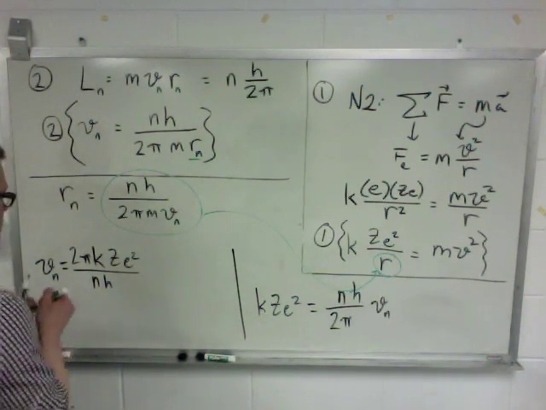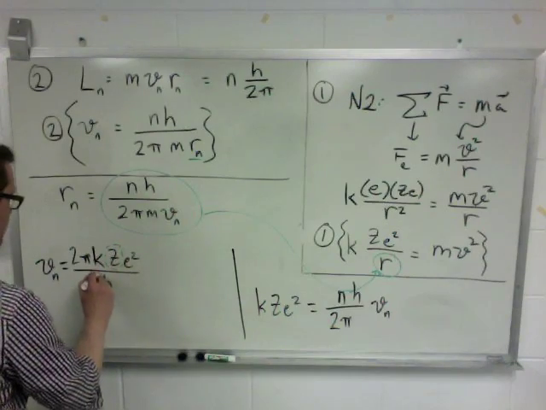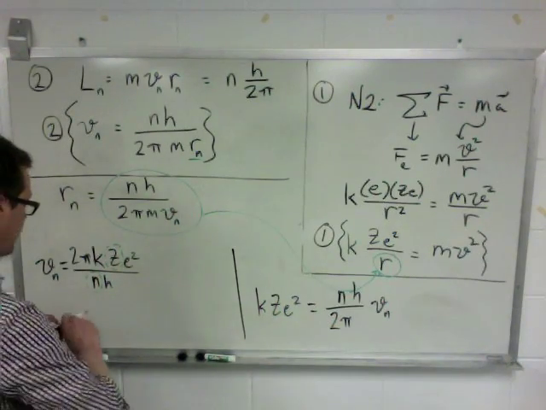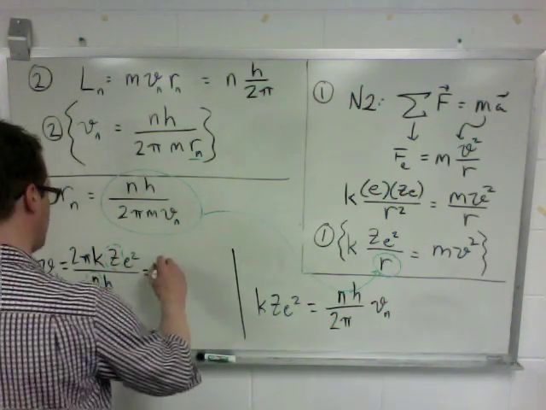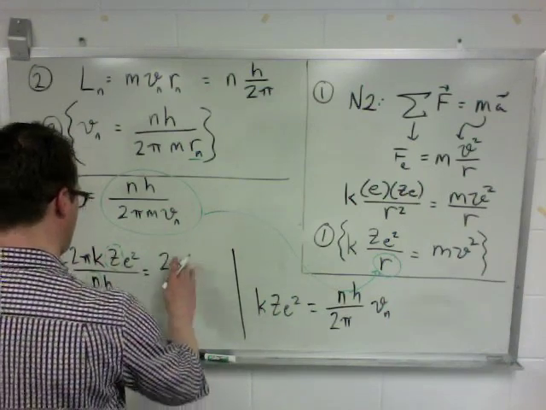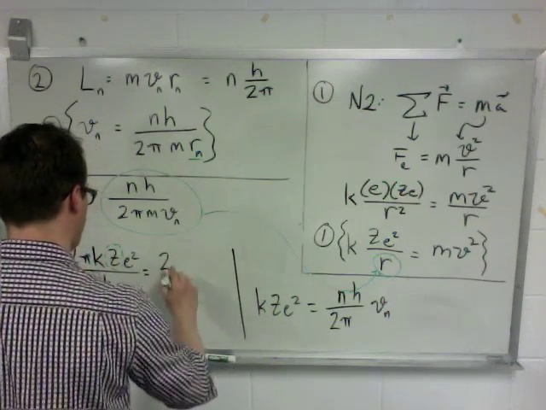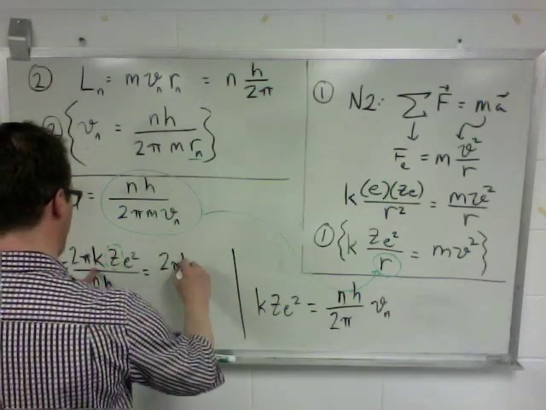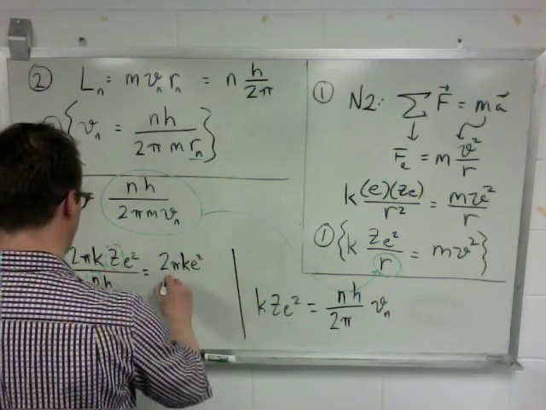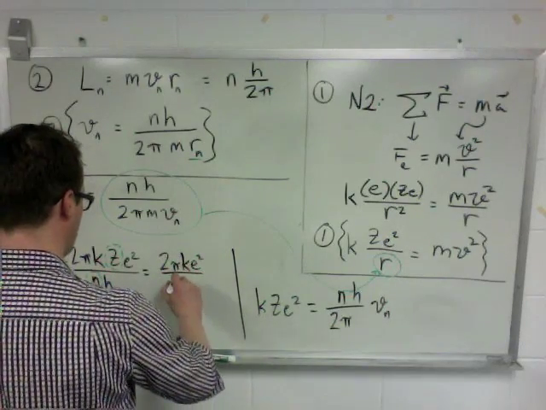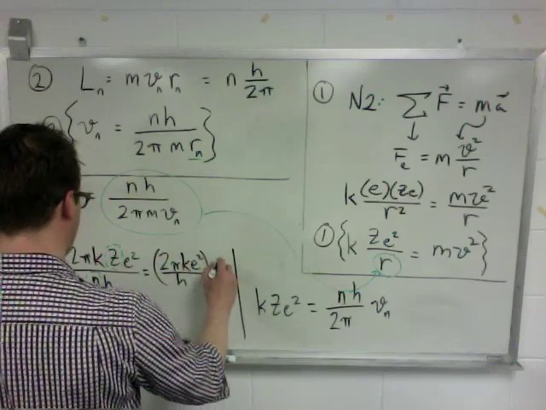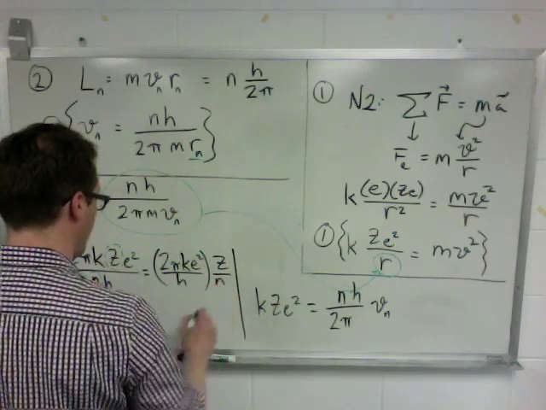Once again, I'm going to factor out the interesting stuff, my z and my n, and if I do that, I've got my 2 pi k e squared over h, and that gives me a z over an n.